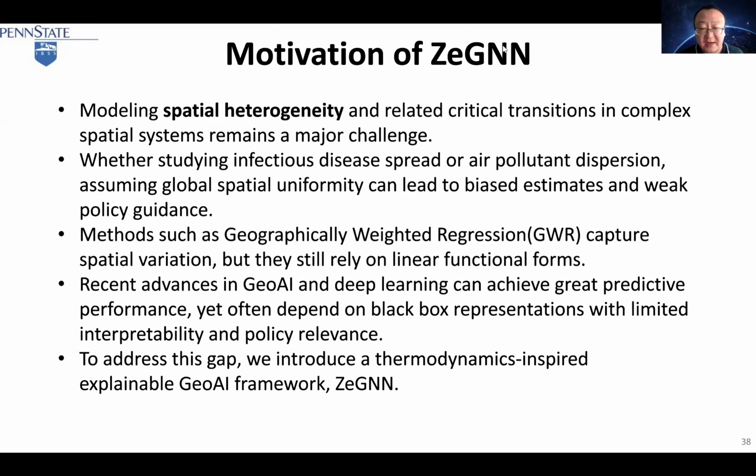And then using GeoAI or deep learning models like random forest or DNN, they can also predict housing prices, for example. But again, the result you get is purely a black box representation. You may get a higher R square or better prediction, but you still don't know what happened inside this black box, so the interpretability is low.